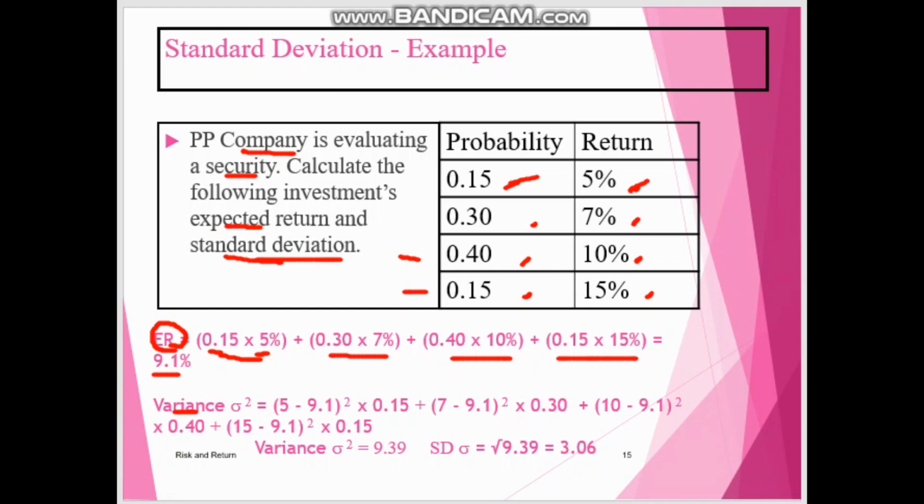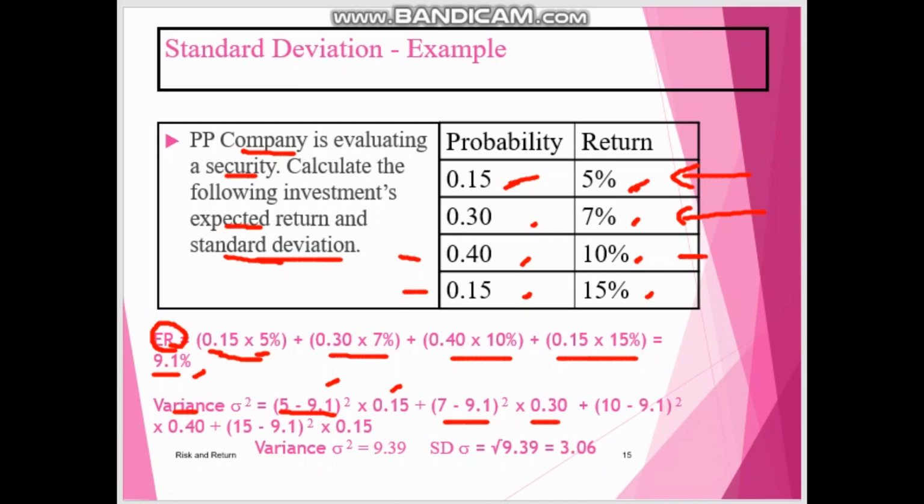It is the sum of, alright, so what is our return for the first one here? Our return is 5 minus our expected return, which is 9.1, to the power of 2, and then we multiply with our probability. Then we add the second one, which is 7 minus the expected return 9.1, to the power of 2, times 30%.